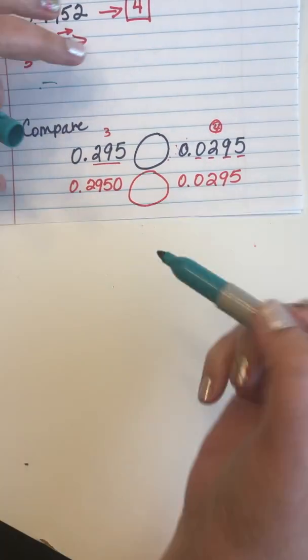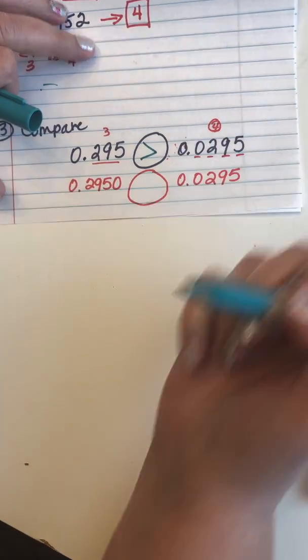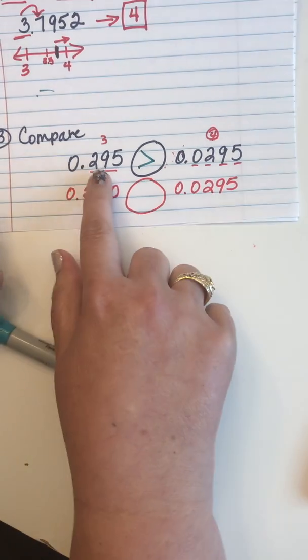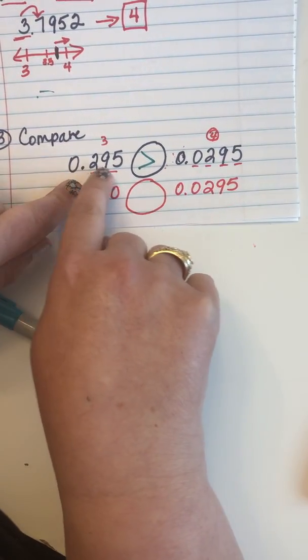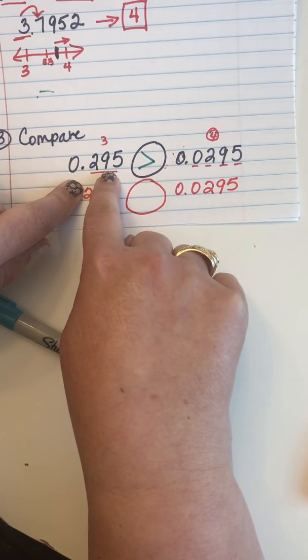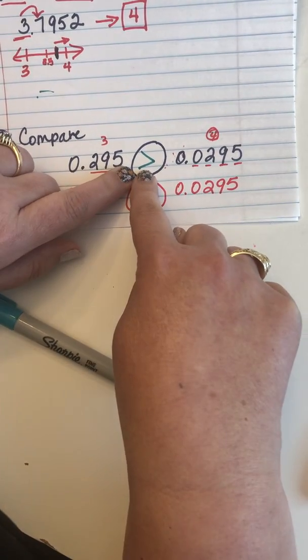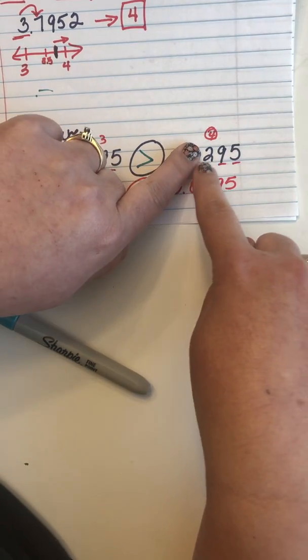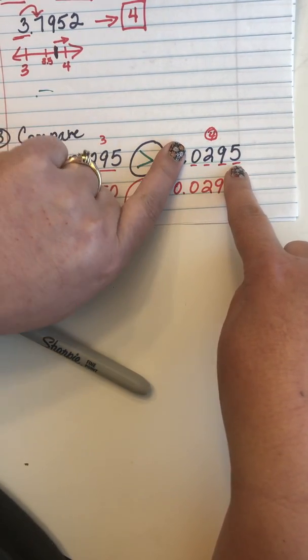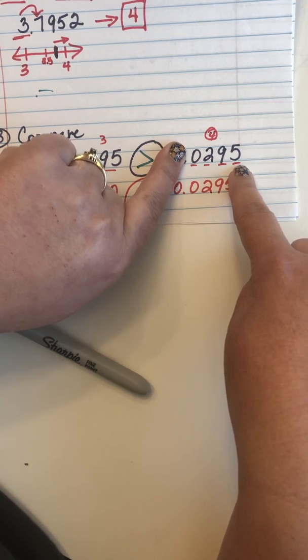So my answer is greater than. So if I was to read this as a sentence, I would say 295 thousandths is greater than, and then I'm going to cover all that up and say 295 10,000ths.